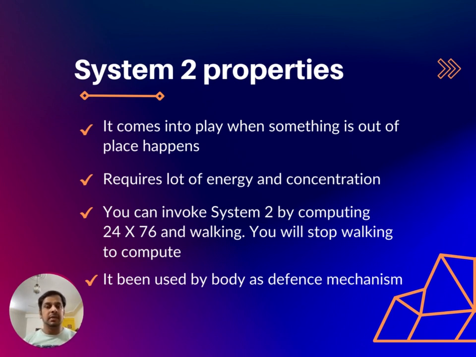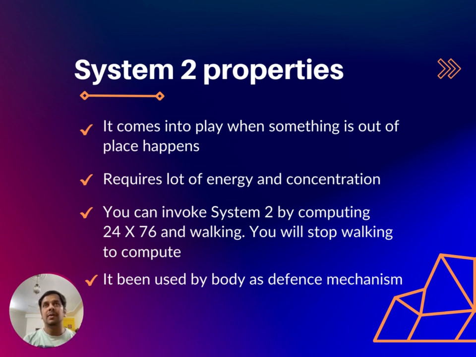Let's say you are doing something new, learning a new language, taking up some new course, or trying to figure out some complex problem, then system two gets activated. If you want to invoke system two, you can do it right away. Just start walking and try to calculate 24 by 76. You have to stop walking to calculate this.